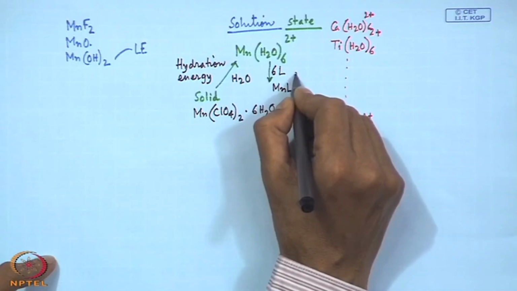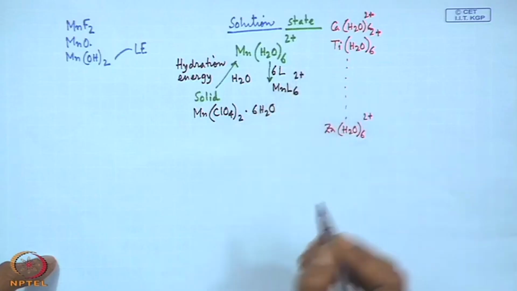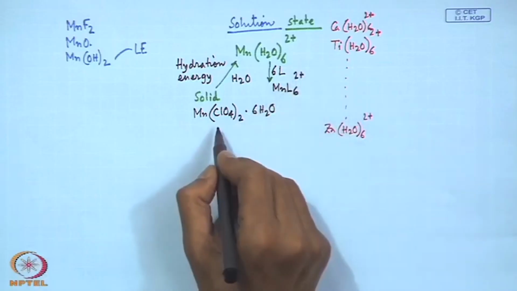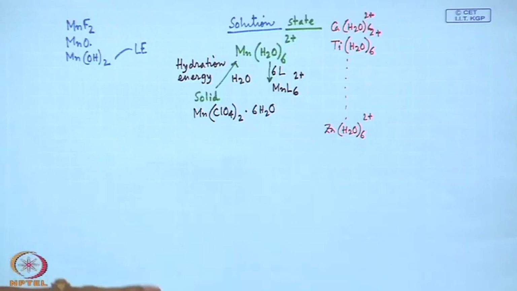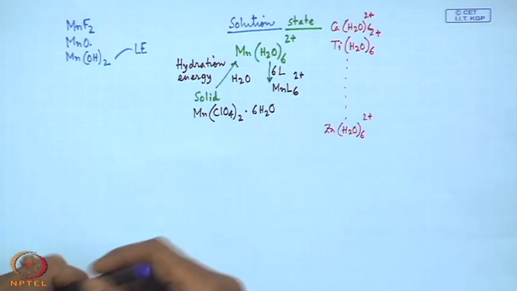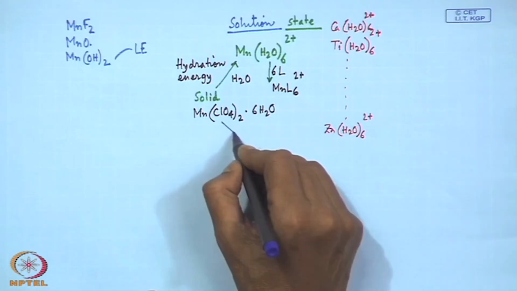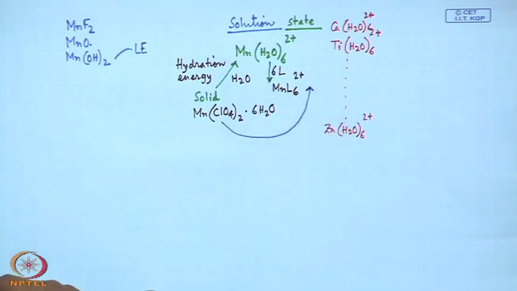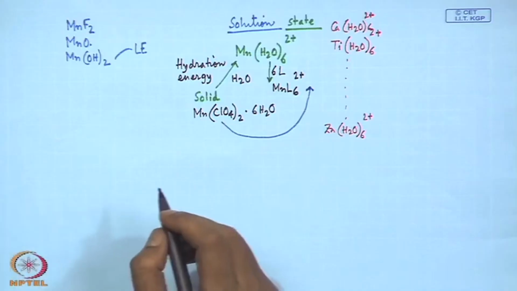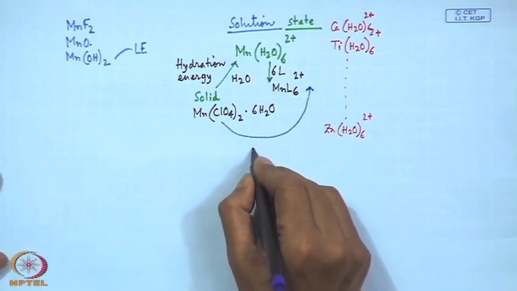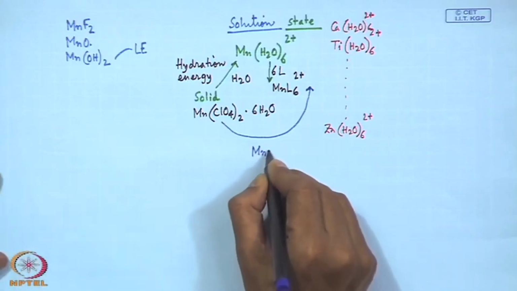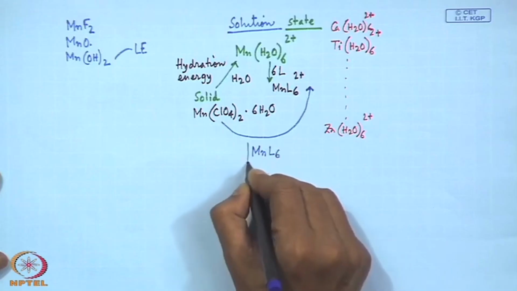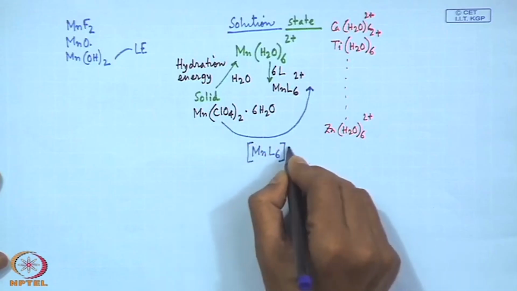If the ligands are neutral, it will have 2 positive charge, and whatever number of perchlorate anions are liberated will come for charge neutralization, ending up with the corresponding MnL6 perchlorate salt.